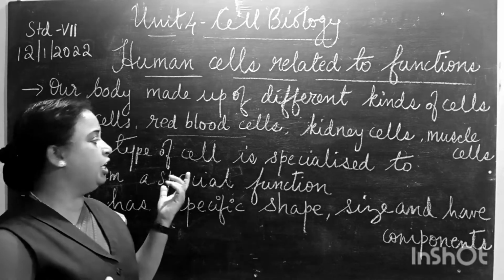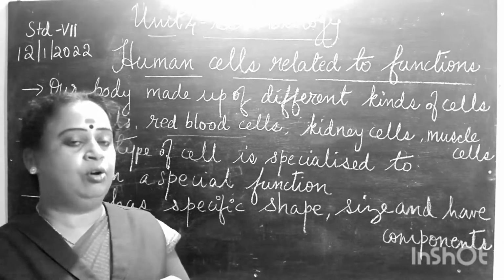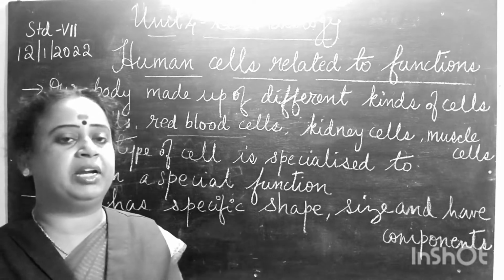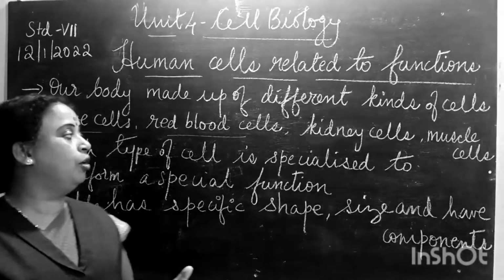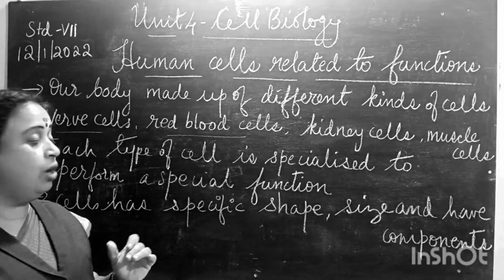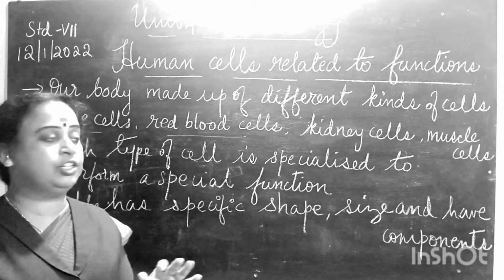Okay, so transportation of oxygen, carbon dioxide, hormones, vitamins, etc. All these are being circulated throughout our body with the help of blood cells. Understanding? Yes. So I mean to tell here, each cell has a specific function.